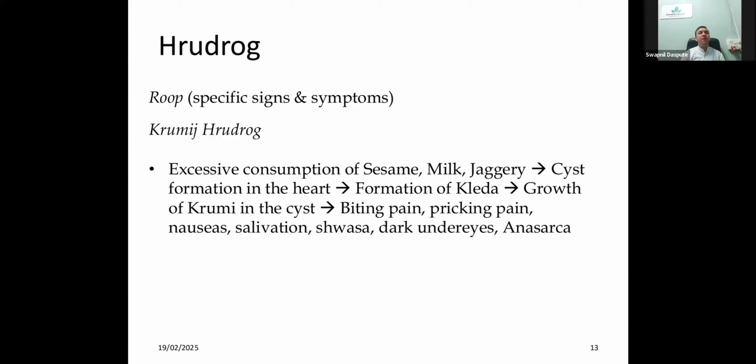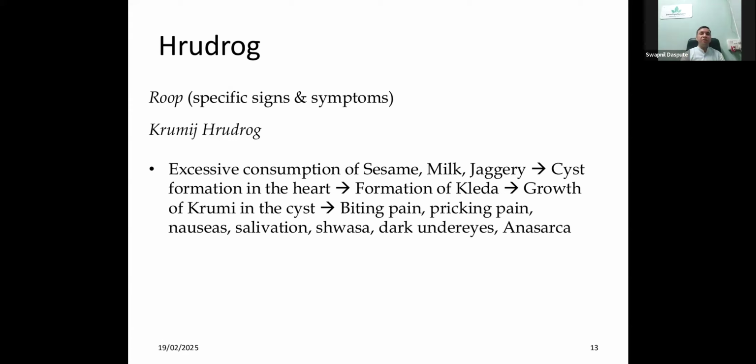Small worms. When we say krimi according to Ayurveda, the krimis are of varied types. So if you read about krimi, you will find various details about the types of krimis, and the krimis mentioned in Hridroga are sukshma.